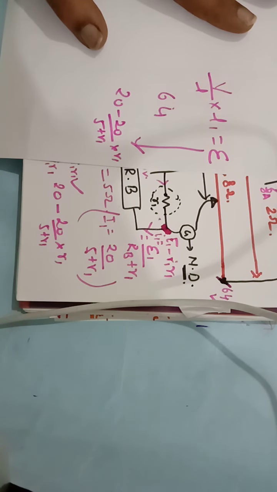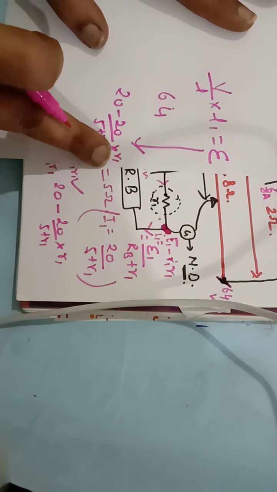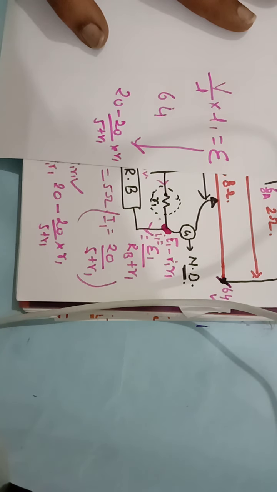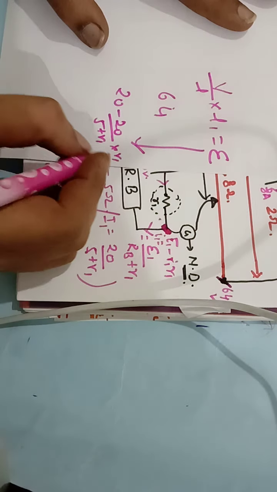Into R1 or RB? Just think, am I writing correct? It will obviously be RB.